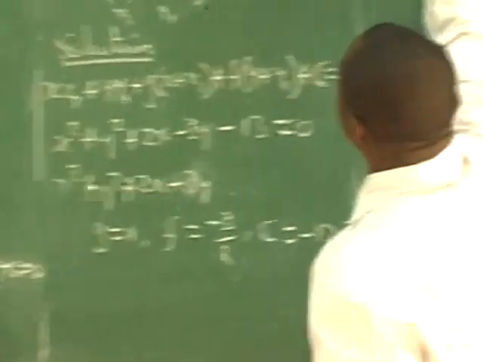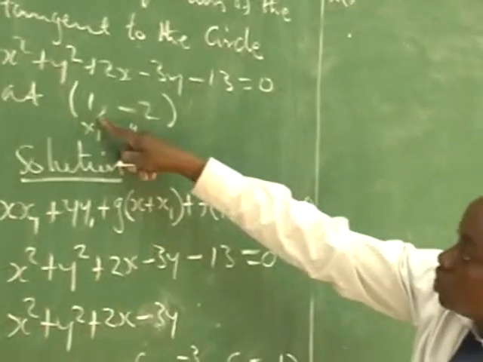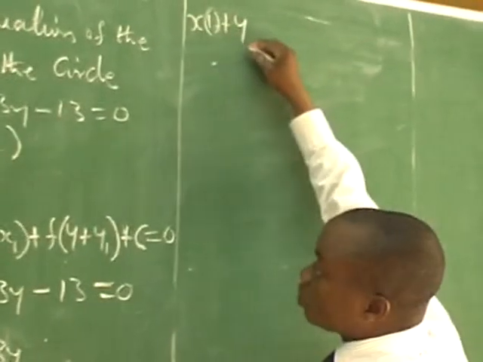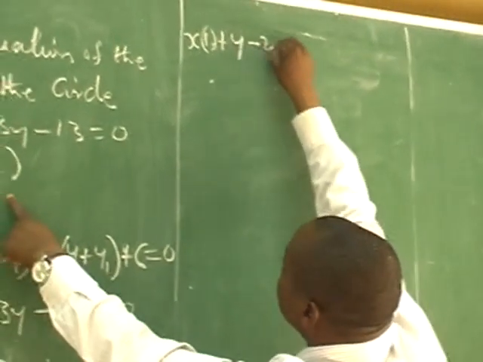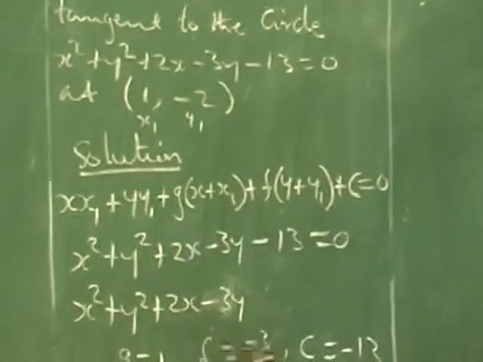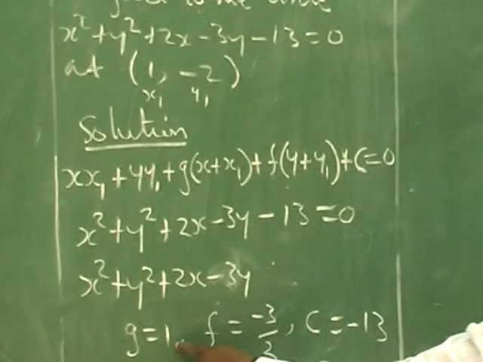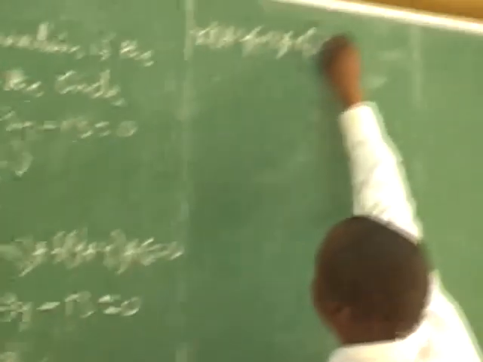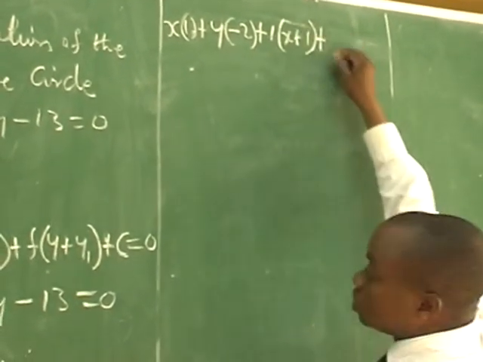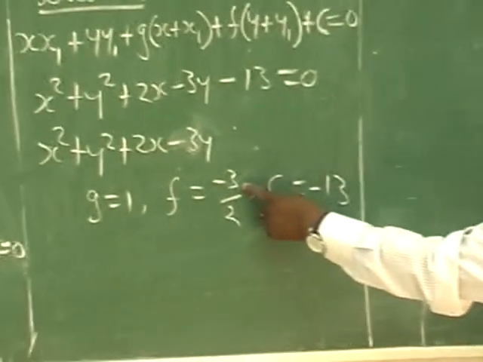So we have x times 1, because x1 is 1, plus y times y1. y1 is minus 2. Then plus g, and g is 1, bracket x plus x1, which is 1, plus f, of course f is minus 3 all over 2.